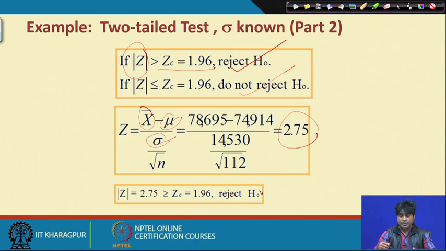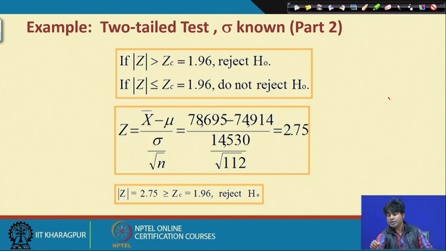So we are in a position now to reject the true null hypothesis. Your decision corresponding to this problem is to reject the null hypothesis, which means the statement you are putting forward is correctly specified.